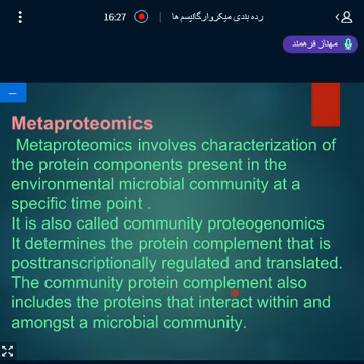The community protein complement also includes the proteins that interact within and amongst a microbial community.